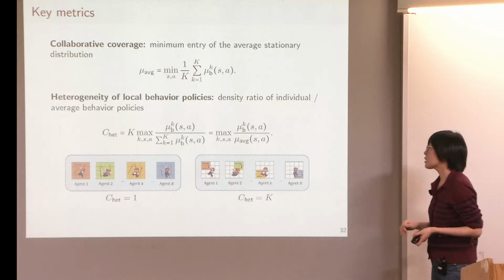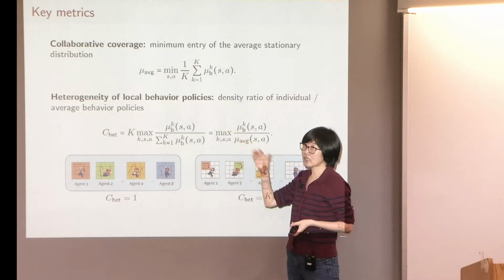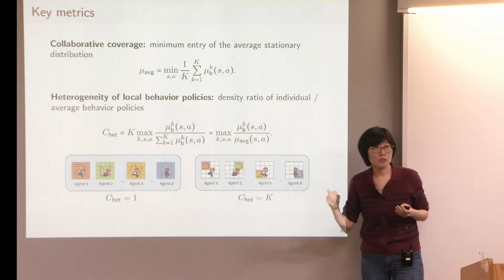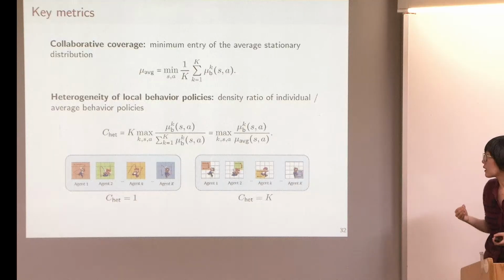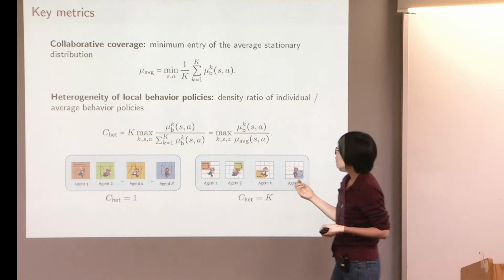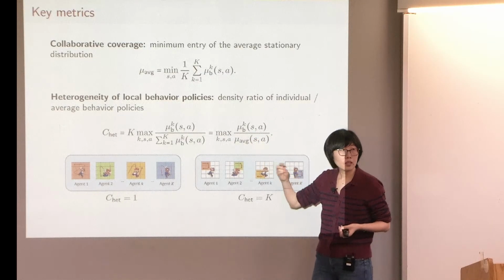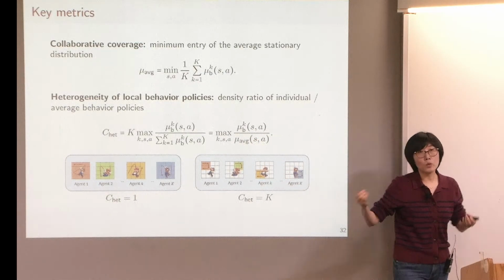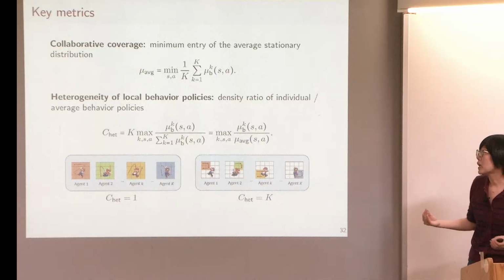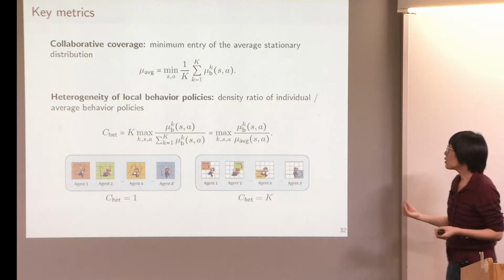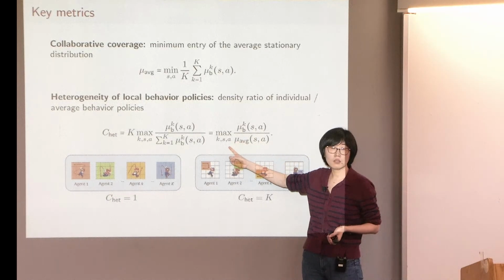Another quantity is to look at the heterogeneity of the local behavior policies. This is basically looking at the density ratio of each of the behavior policies with the average behavior policy, and you look at the worst case.